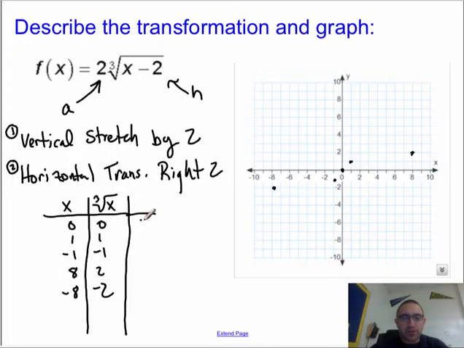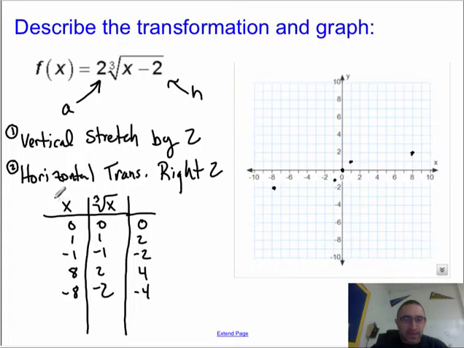So 0 times 2 is 0. 1 times 2 is 2. -2, 4. Negative 4. Okay? So I move every point. 0, 0 is going to stay there. But the 1, 1 is going to be 1, 2. And I'm going to keep going there.